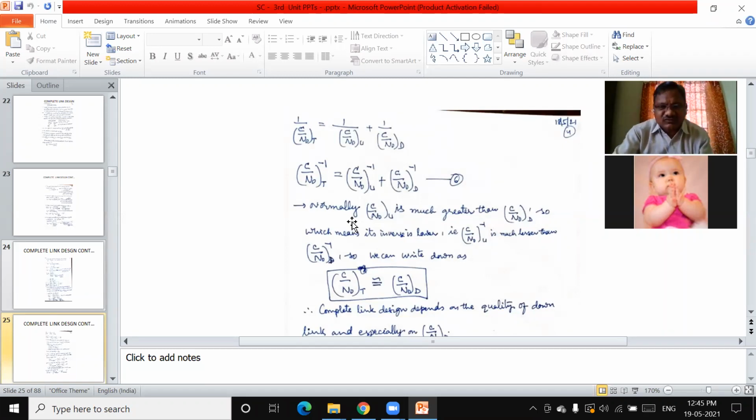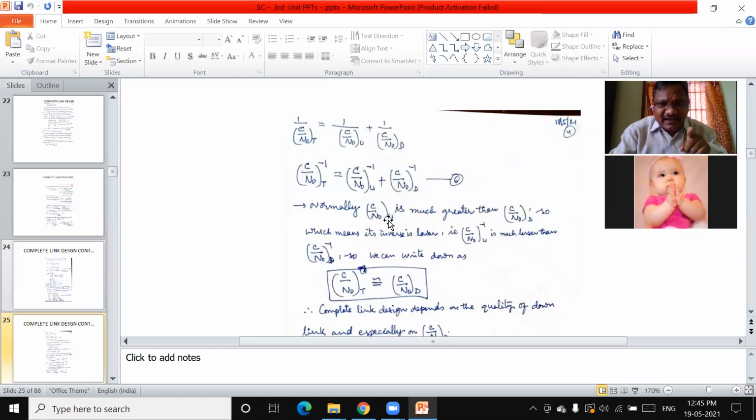Obviously greater, right? That's what C by N naught U is: the carrier to noise power spectral density for the uplink is much greater than the carrier to noise power spectral density for the downlink. Obviously you can accept this. The same power going up there and coming down, obviously this power will be less. So uplink power is greater than the downlink power. Now this is greater than this. I am not mentioning the inverse here.